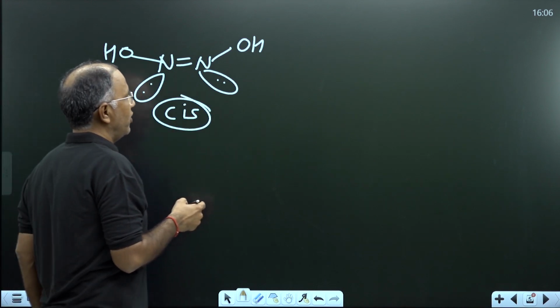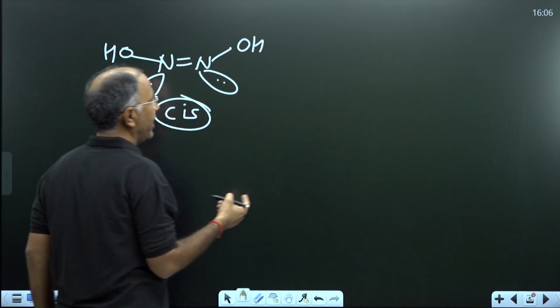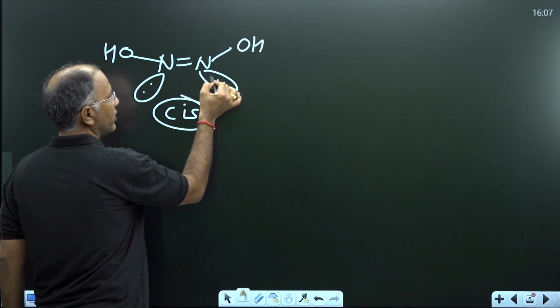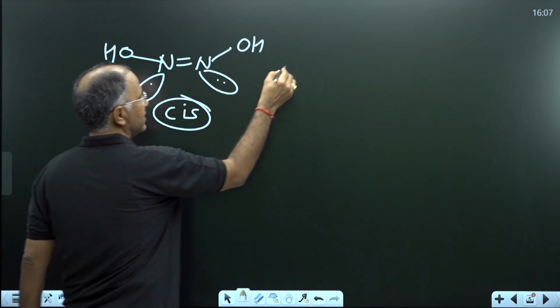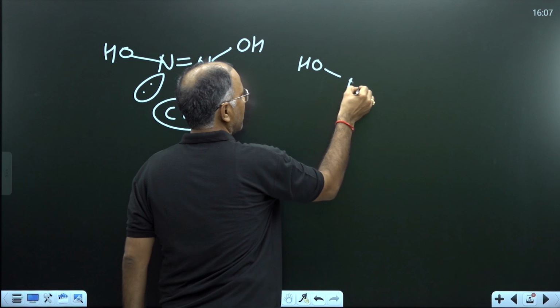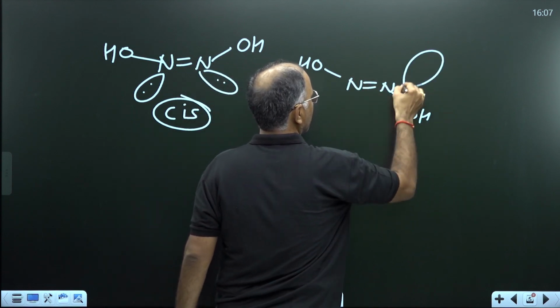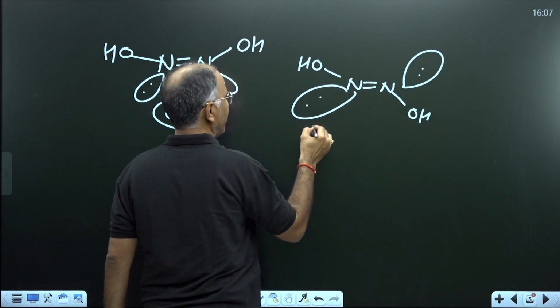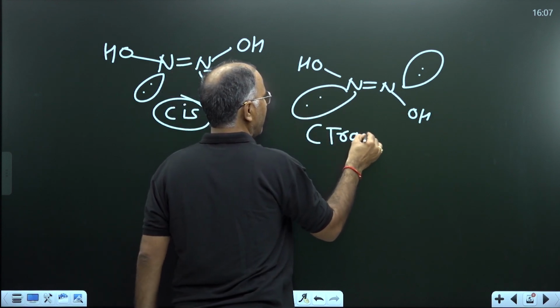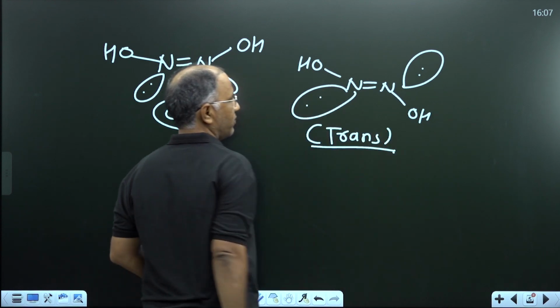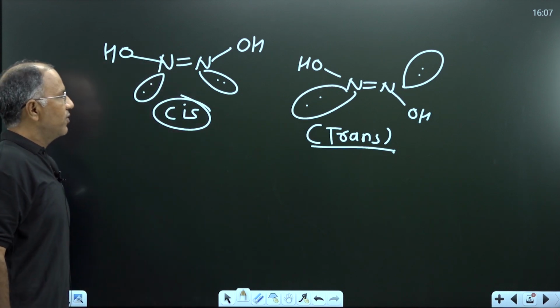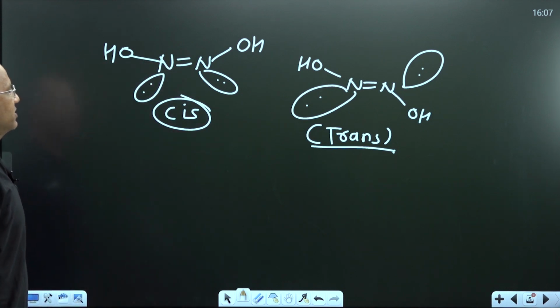Now, if I want to convert into the trans isomer, what I have to do? Across restricted rotation, I have to interchange these two valencies. In order to interchange these two valencies, rotation will be restricted and it is our trans form. Got it? First one is cis, second is our trans.